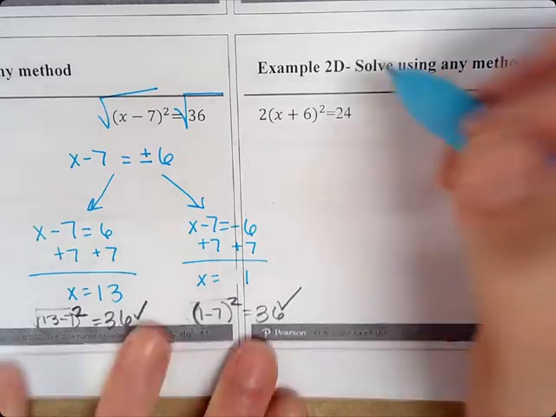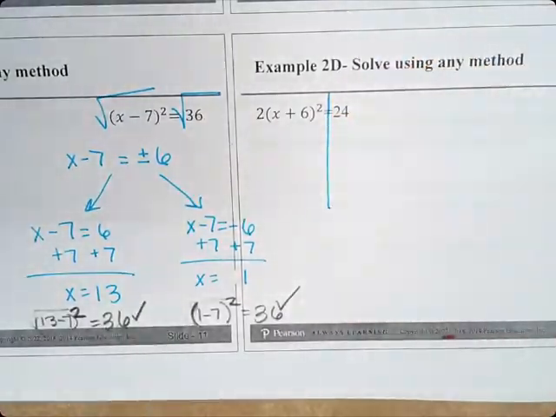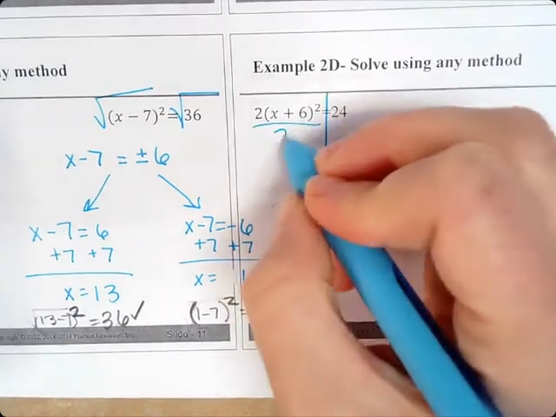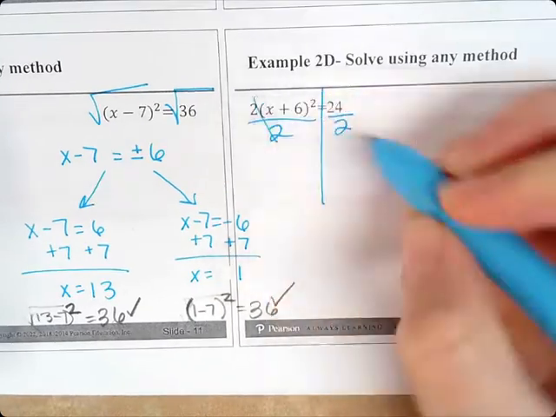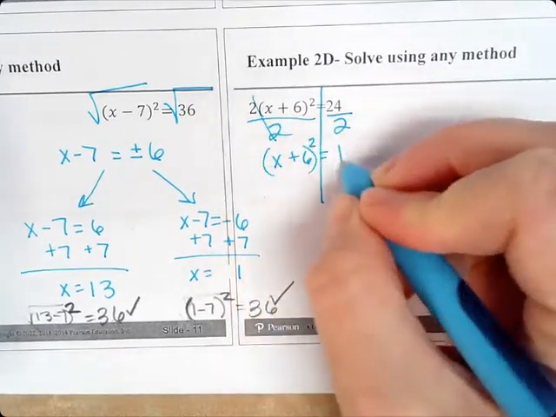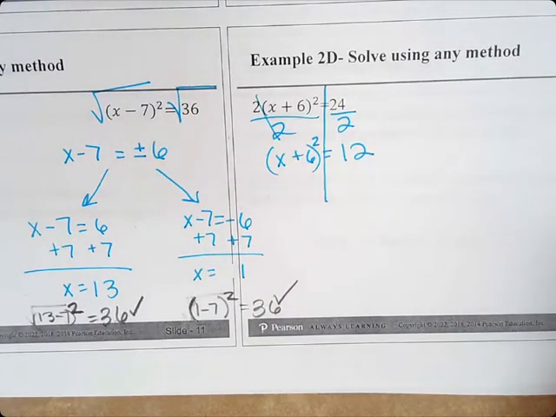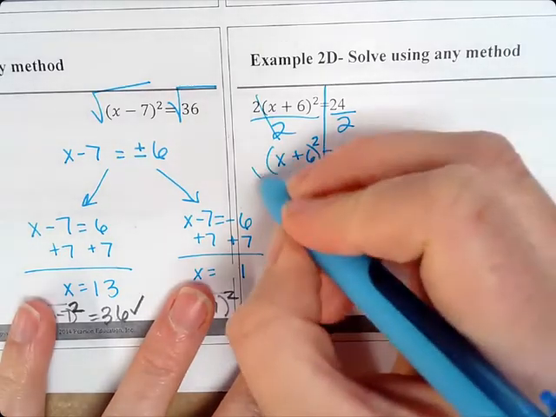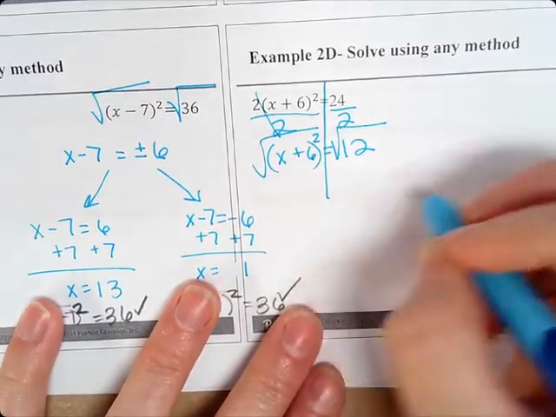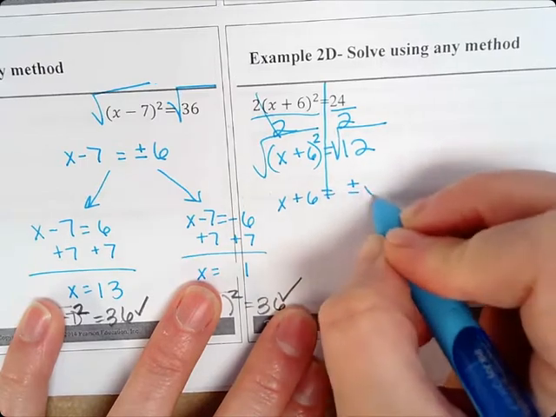All right, let's look at the last one. Okay, we would need to solve this. So we would need to divide by 2 first. Okay, and then take the square root. Get x plus 6 equals plus minus the square root of 12.